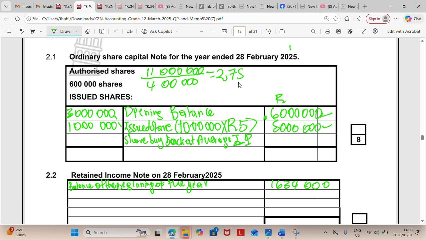R2.70. So on our ordinary share capital, guys, share buyback is recorded at average issue price. So where is share buyback? How many shares that we bought? 200,000 shares. And then we multiply by R2.75. Okay, so please make sure that you always show calculations and brackets on your side.